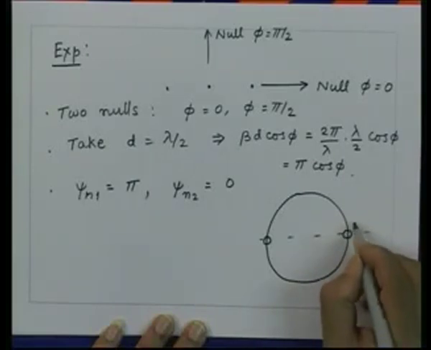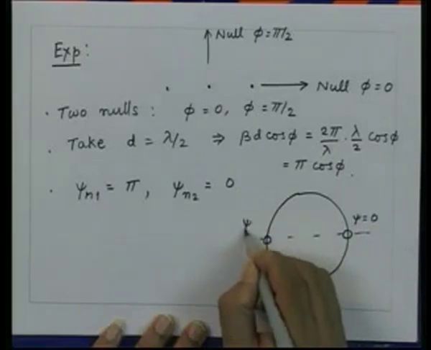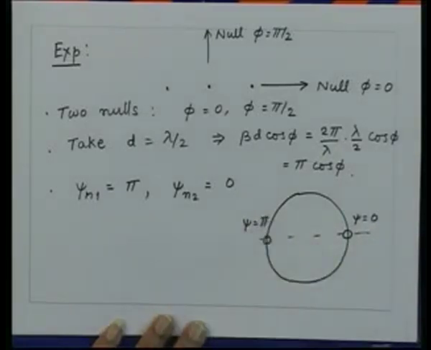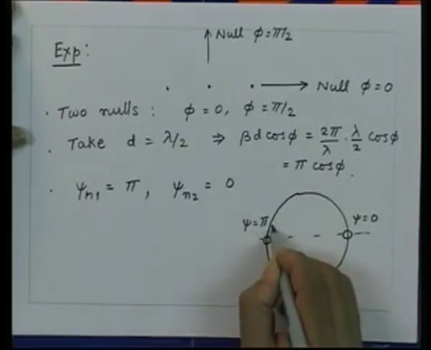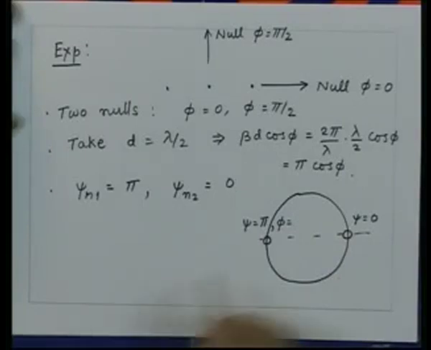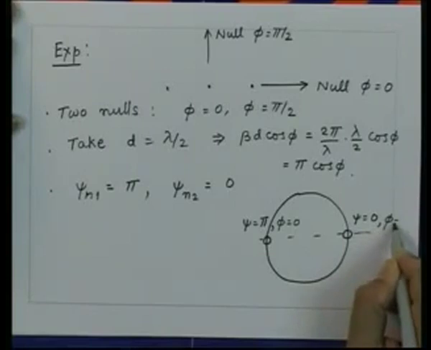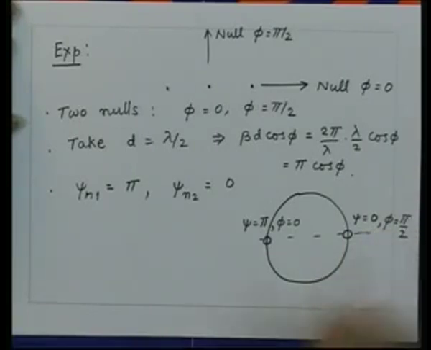So, this corresponds to psi is equal to 0, this corresponds to psi is equal to pi, or this point corresponds to phi equal to 0 and this corresponds to phi equal to pi by 2.